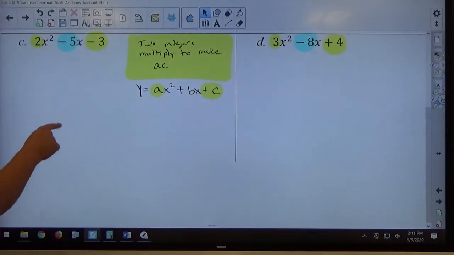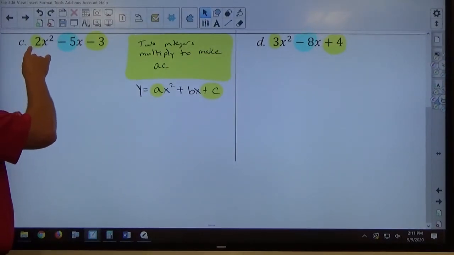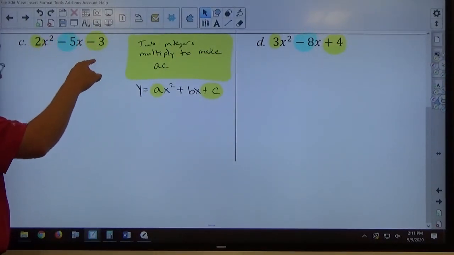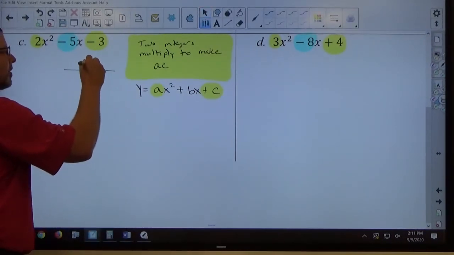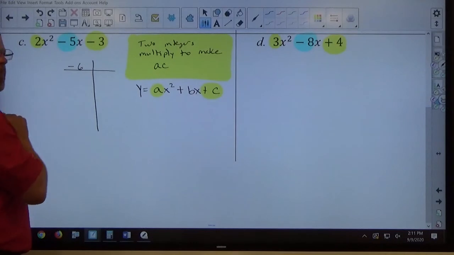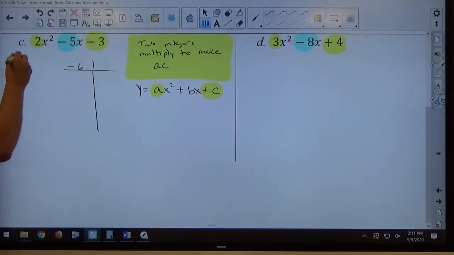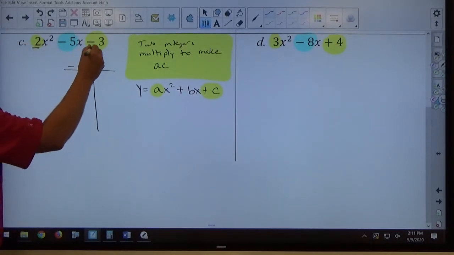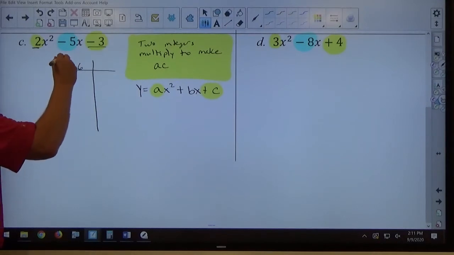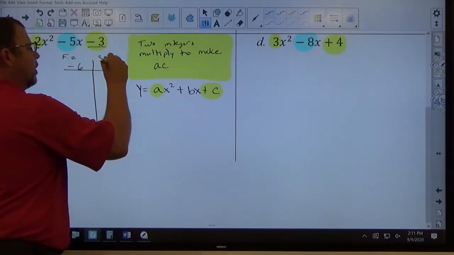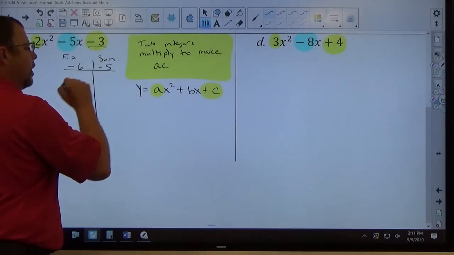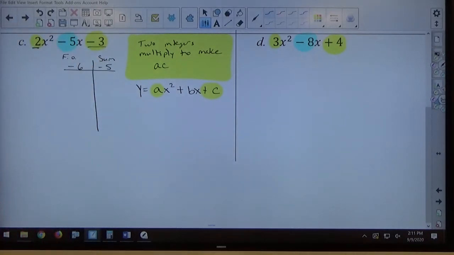So if I multiply the coefficient of x squared, 2, times the constant, -3, in this case I want numbers that multiply to make -6. Because again, I multiplied the a value 2 times the c value -3. So I want factors of -6, and I want the sum of those factors to be the same as what it would be anyway, -5.